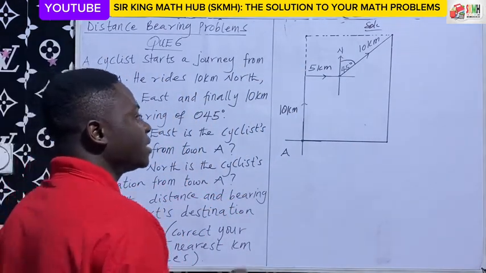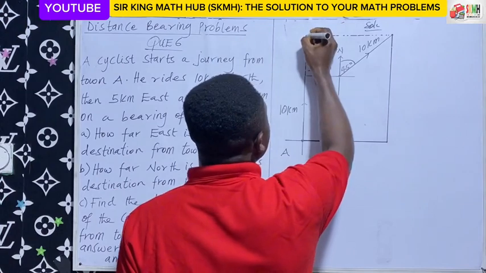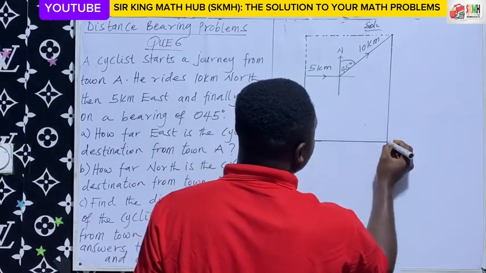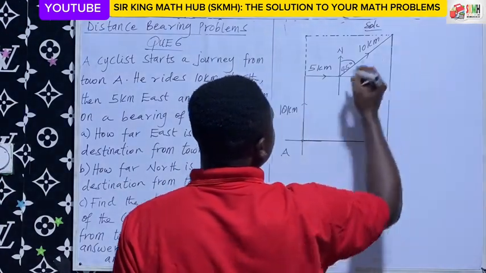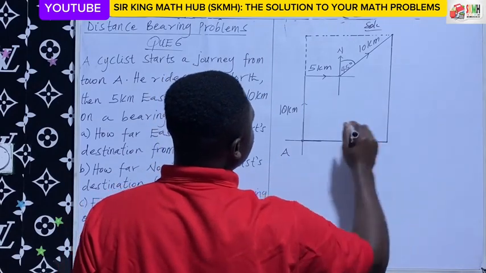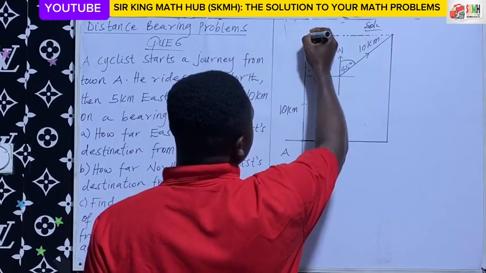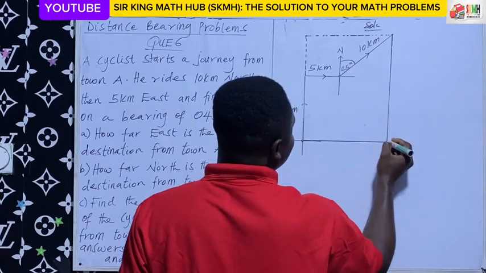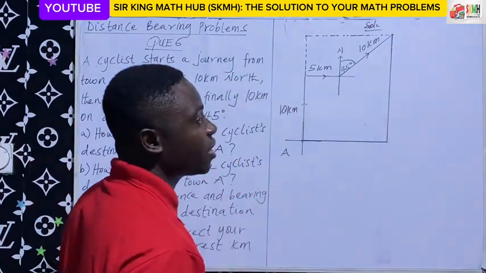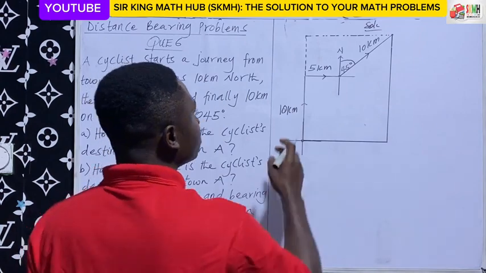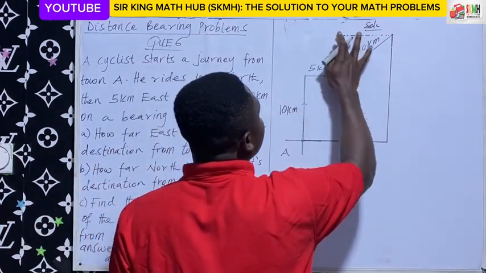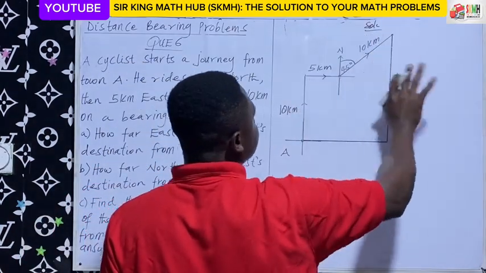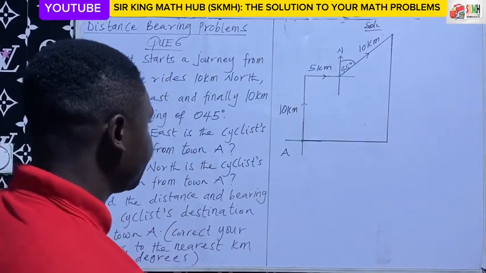But again, we see that the distance from A to this point is also the same as the distance from this point to this point. So this line here also represents how far north he has traveled. I'll be focusing on this side here.